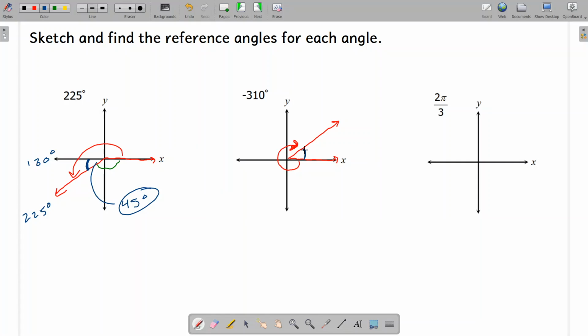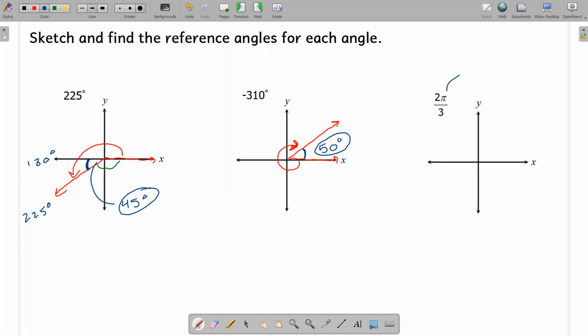Well, we went 310 degrees clockwise. To get back to the x-axis, we would have had to have gone 50 more degrees. Now, even though our original angle was negative, a reference angle is always positive, so our reference angle is a positive 50 degrees here.